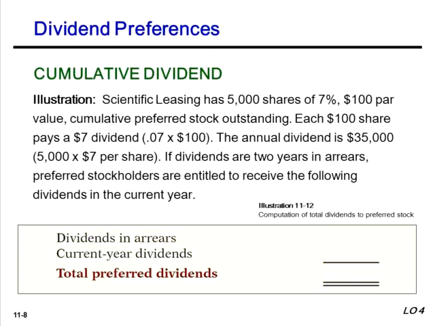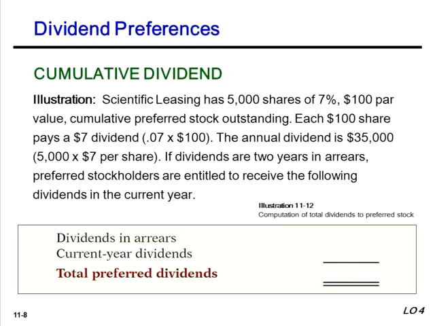So we have an example here. Scientific Leasing has 5,000 shares of 7%, $100 par value cumulative preferred stock outstanding. Each $100 share pays a $7 dividend. The annual dividend is $35,000. So we have the 5,000 shares times $7 per share.